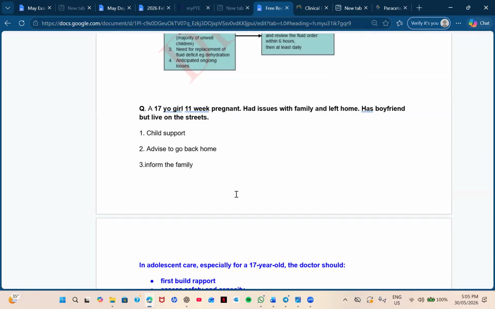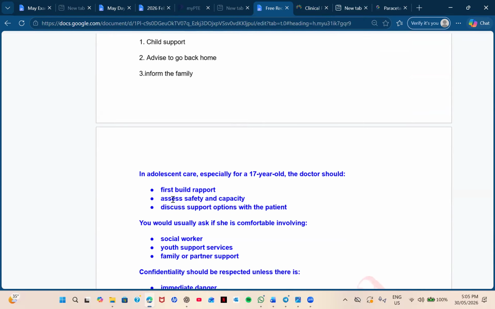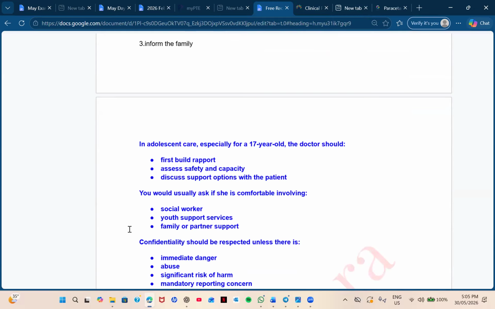First of all, you have to explain the options that she has, right?